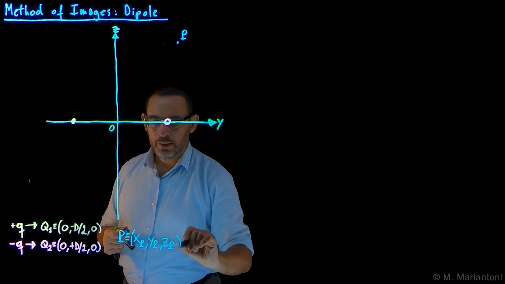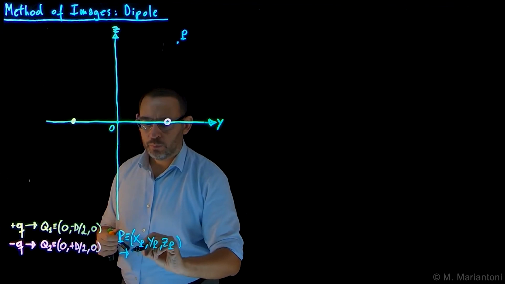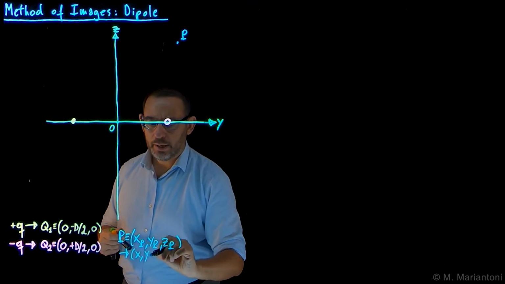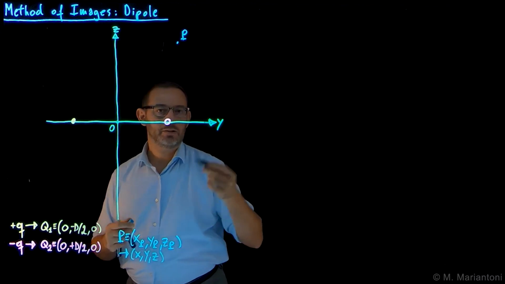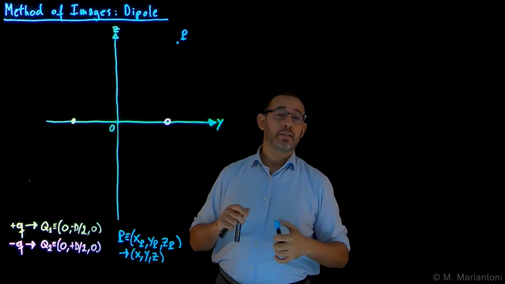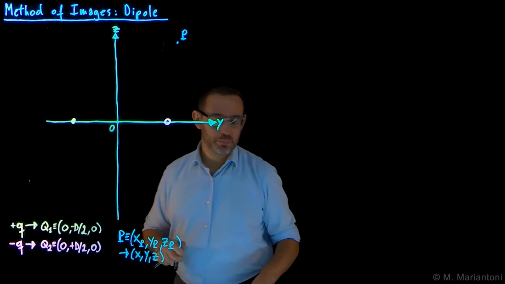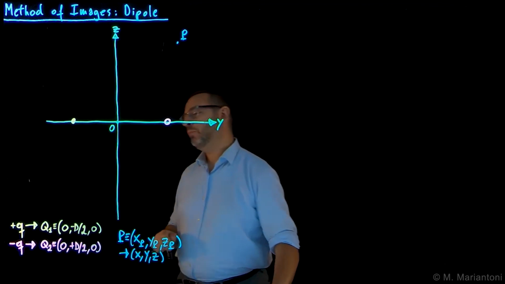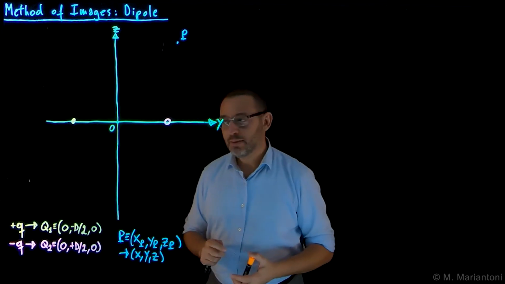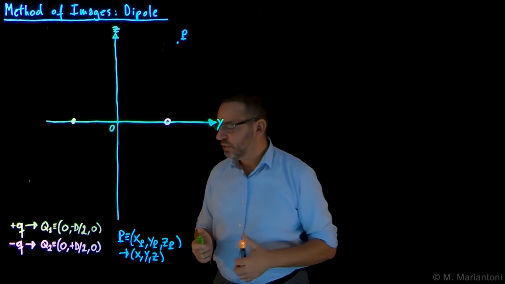For simplicity, let us just call it X, Y, and Z. So the running variables X, Y, and Z are the variables of my observation point capital P. I drop the subscripts capital P for simplicity. We already defined the source points of these two single point-like charges in space.